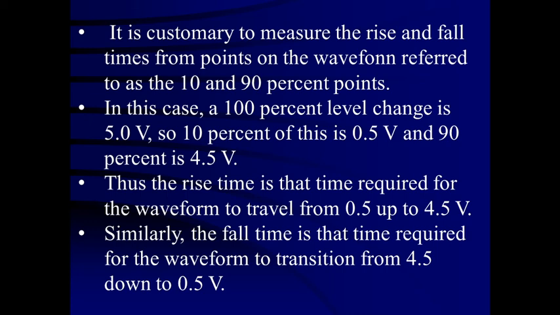Similarly, the fall time is the time required for the waveform to transition from 4.5 volts down to 0.5 volt. That means when it makes a transition from 10% to 90%, the time required is called the rise time, and from 90% to 10%, it is called the fall time.